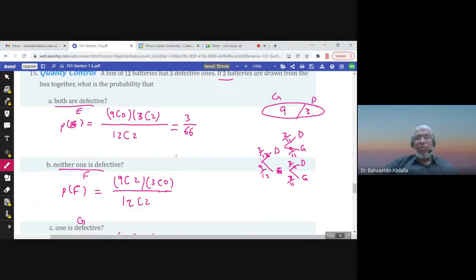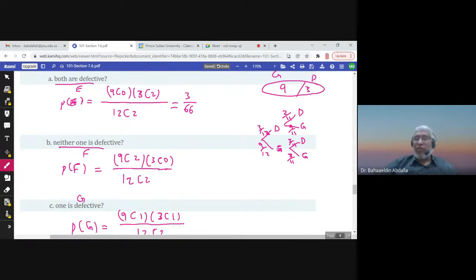Both are defective. You will get it by multiplying 3 over 12 times 2 over 11. Both are defective, so we need D and D. So from the tree diagram, the probability would be 3 over 12 times 2 over 11, and this will give you 3 times 2, 6, and 11 times 12 is 132, and you have the same answer.